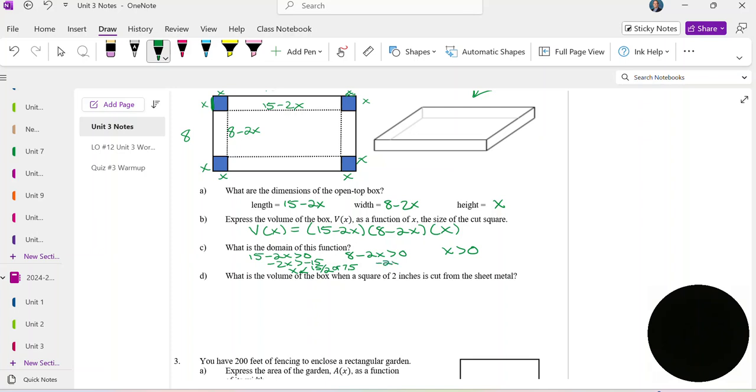Here it's negative 2x is greater than negative 8. So when you divide by negative 2, remember you have to flip the inequality, so x is less than 4, and x is greater than 0. So remember, it has to work for all lengths, so it has to be less than 4 and greater than 0. So the domain is between 0 and 4.